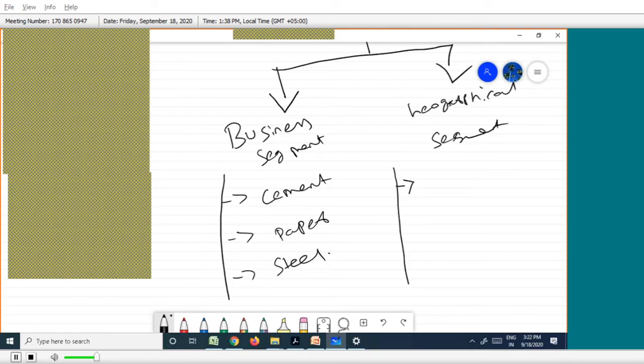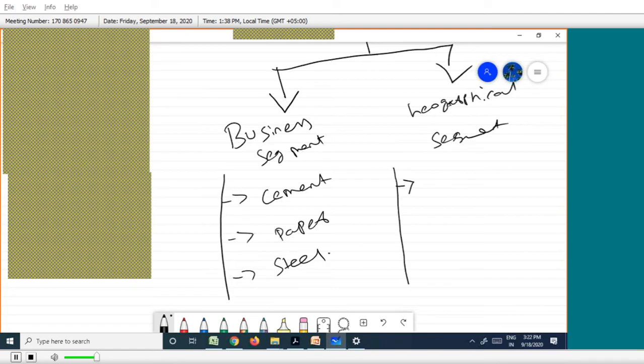Why is it different? Because of a lot of reasons: political reasons, climate reasons, labor availability, and local rules and regulations will be different.